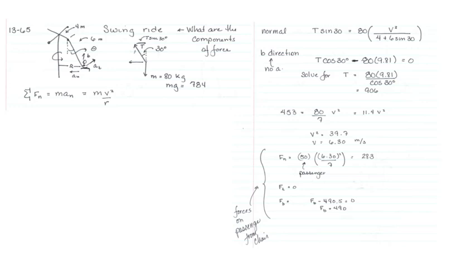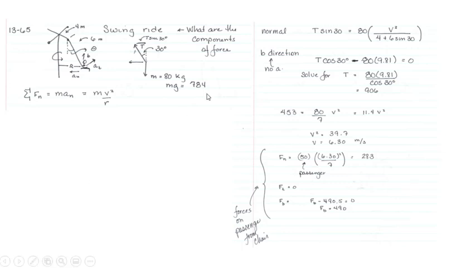And also determine the components of force in the normal, tangential, and B directions, which the chair exerts on the passenger during the motion. So that's where this part of the problem comes in. It's the forces on the passenger from the chair.